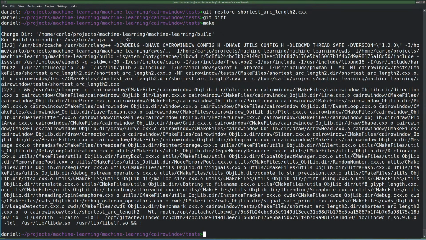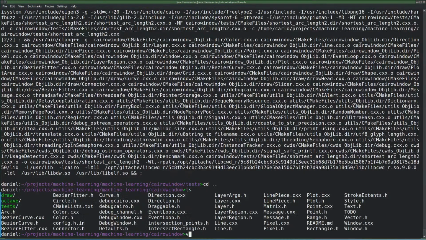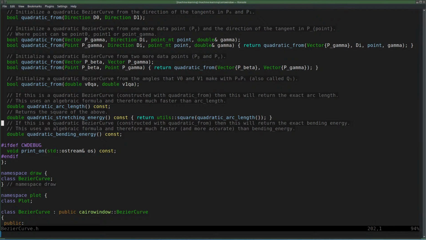Might as well use the Bezier curve object to... currently have quadratic stretching energy.